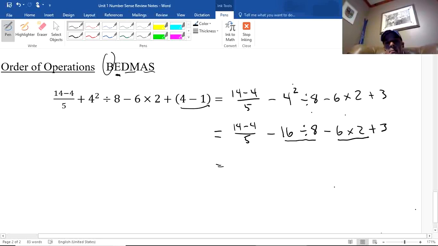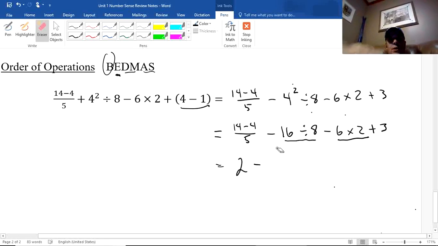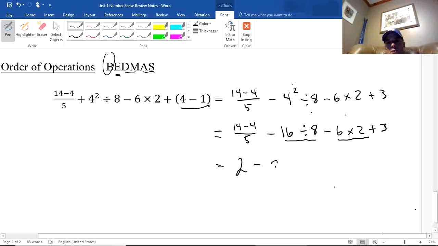14 minus 4 is 10 divided by 5 equals 2. Minus, well, should be 16 divided by 8. What's 16 divided by 8? Well, that's 2. So it's 2 minus 2. That's pretty good. Then it's minus 6 times 2. Well, what's 6 times 2? 12.